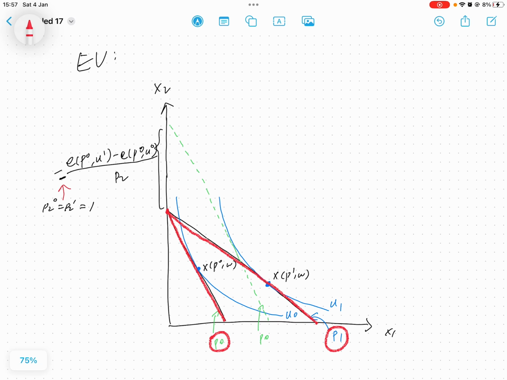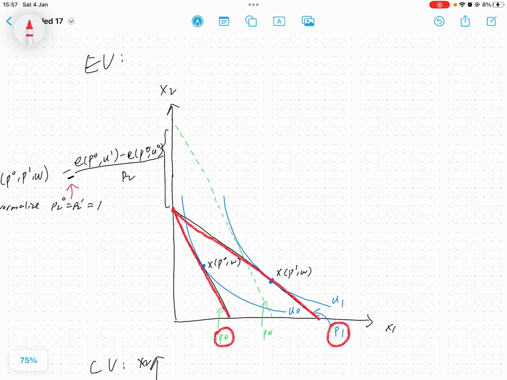What EV is asking is that we need to find the difference of the expenditures for this consumer, but we're comparing across different utilities: the new utility level U1 and the old utility level U0.